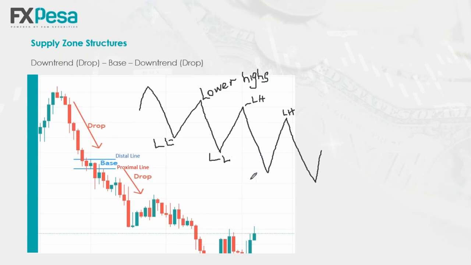So what happens is that as the market forms lower highs, like in this case, if we were to draw our supply zone along that area, so if you were to base our supply zone along this lower high, ideally you would be targeting to have the price making another drop.